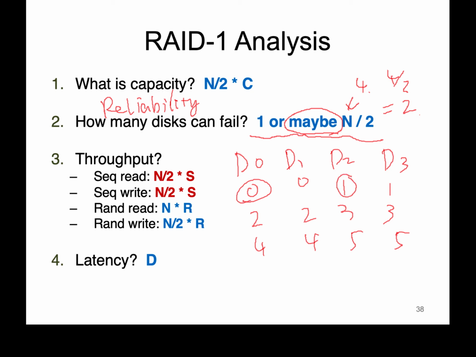And here we want to read 2, and then we want to read 3, followed by 4 and 5. As you can see, at first glance we fully leverage all 4 disks together to simultaneously support this sequential large read.